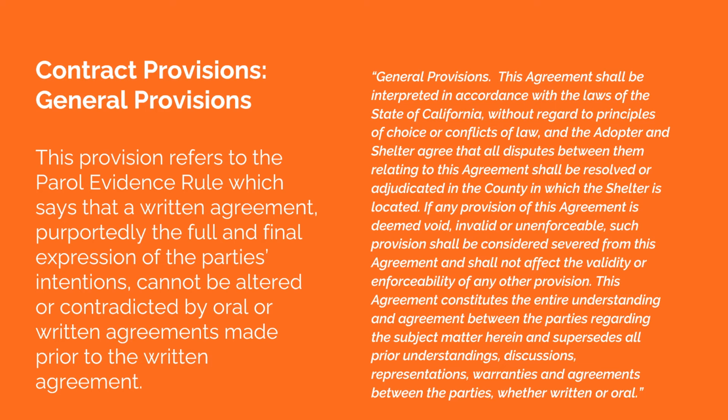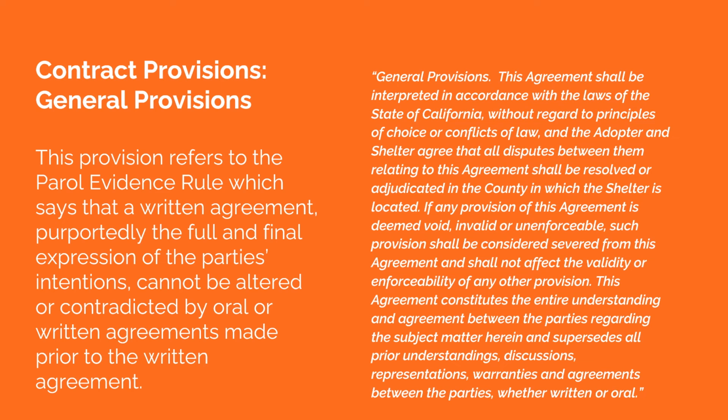the written agreement. And I think the reason this particular provision is really important for an adoption contract is that often prior to an adoption, there are adoption counselors and volunteers who are trying really hard to get that animal adopted. And in doing so, may make statements that could be perceived as a potential guarantee or promise by that adopter about the animal that they're interested in.